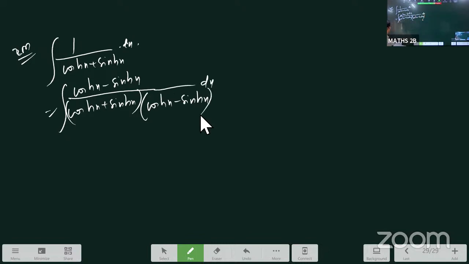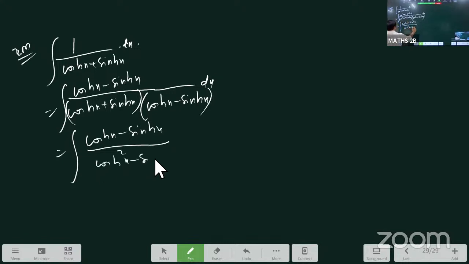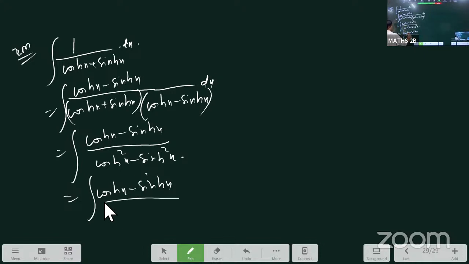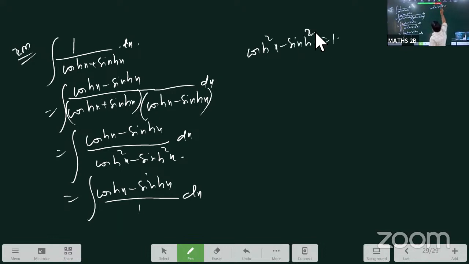That is cos hx minus sin hx by a plus b into a minus b, cos h square x minus sin h square x. According to hyperbolic, cos h square x minus sin h square x is 1.